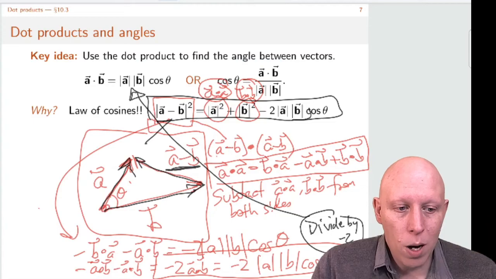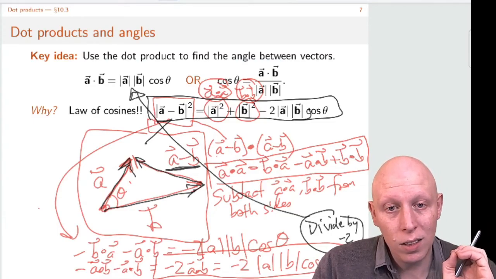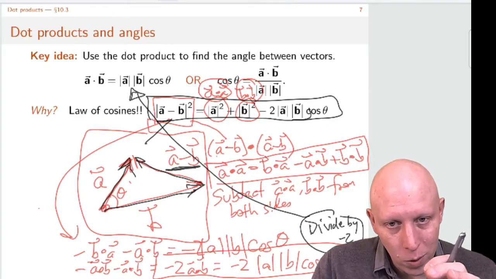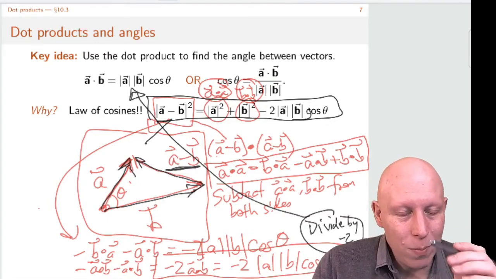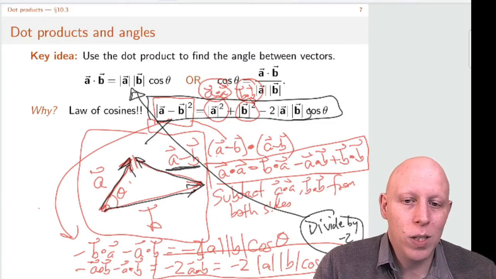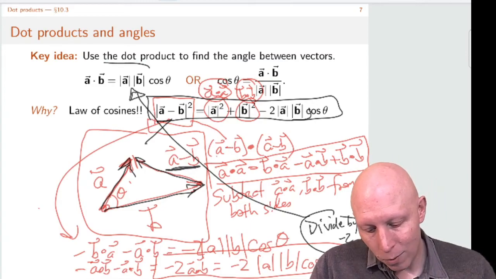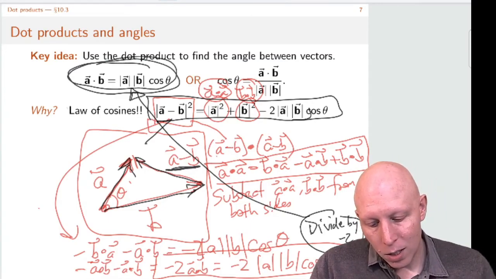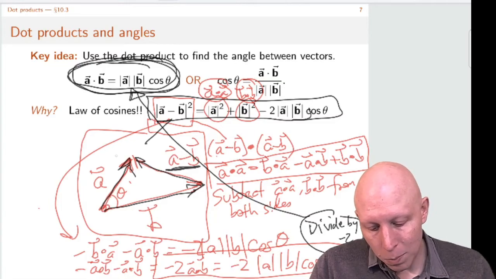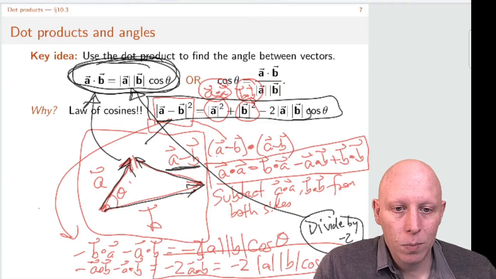We used the properties of the dot product to expand the length of a minus b squared, and then we simplified both sides, divided by negative 2, and we found this equation. So this equation is not magical, it comes from what every triangle satisfies.